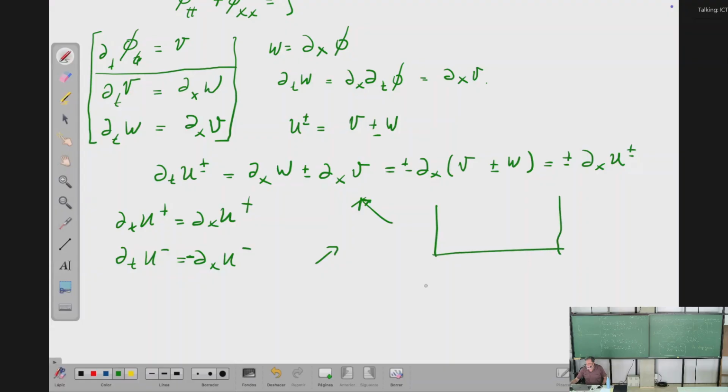So on this side you will give something for u minus equals g minus, say, and on this side you will give u plus equals g plus, some boundary conditions, and here you give both u minus equals u0 minus, u plus equals u0 plus. Okay?